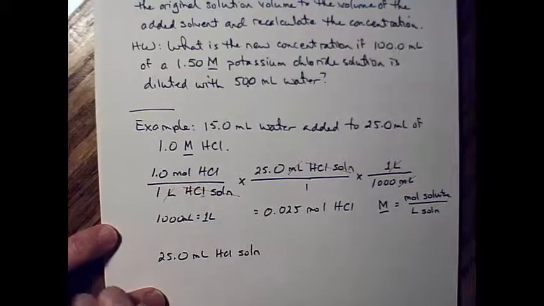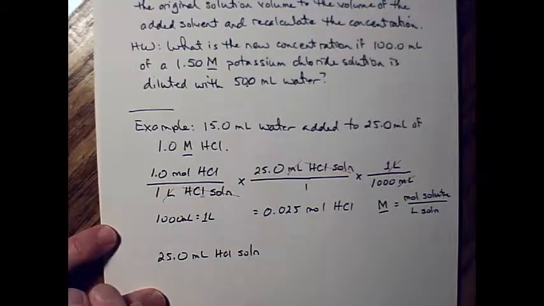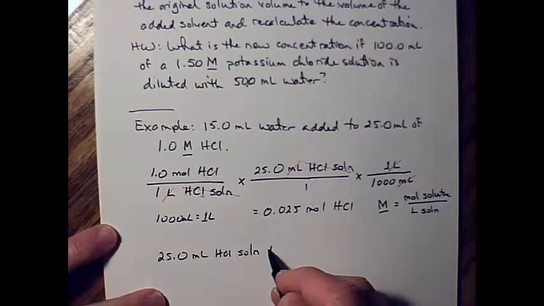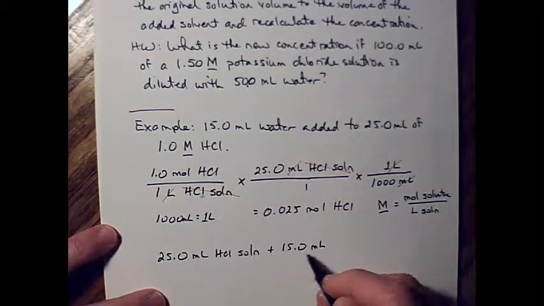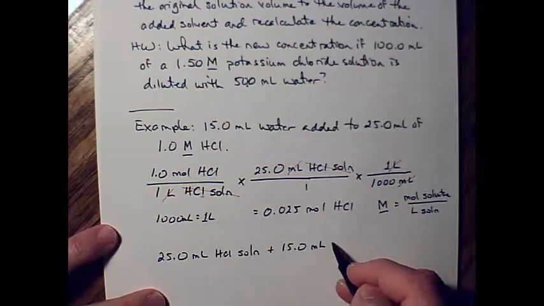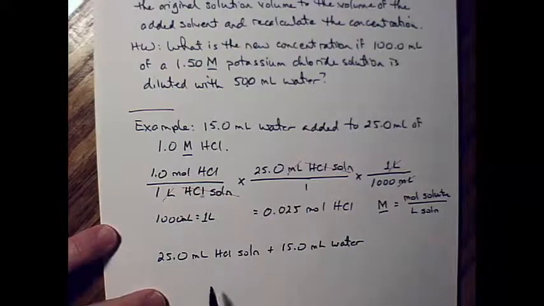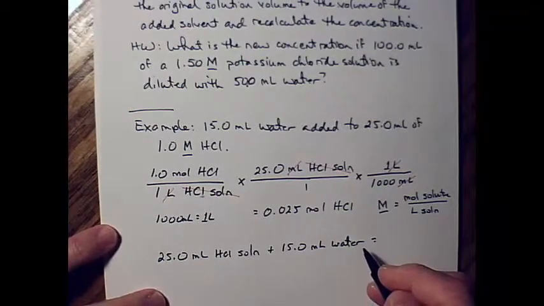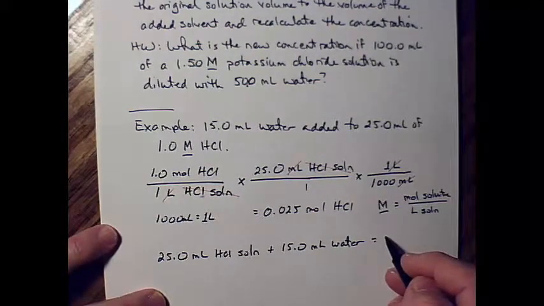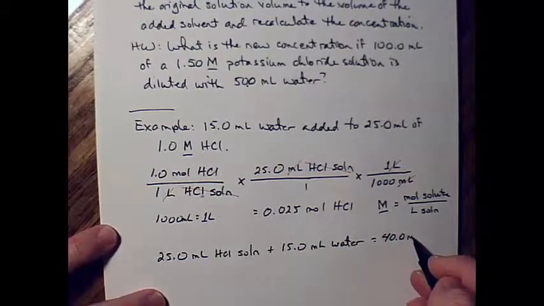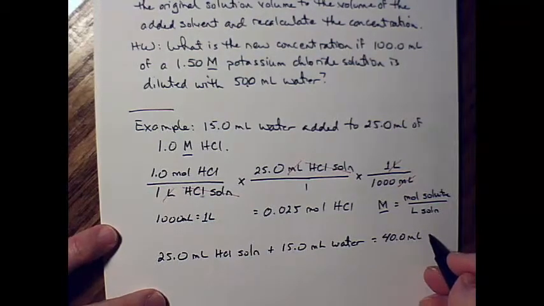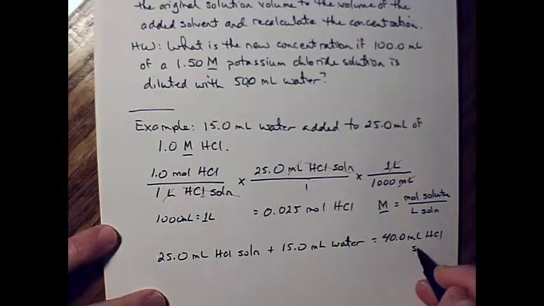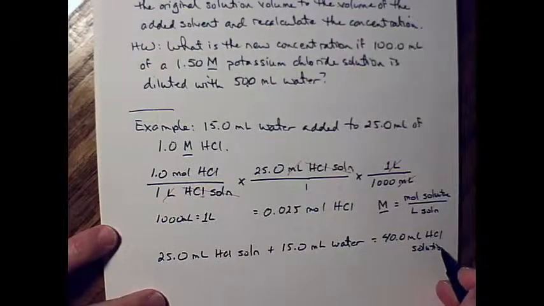We're going to add to that the volume of the water. That's the solvent here. I could say H2O, I suppose. And we'll get 40.0 milliliters of this new, diluted solution.